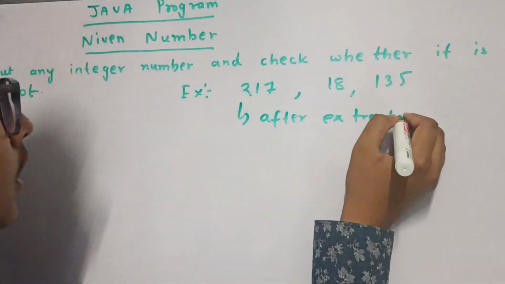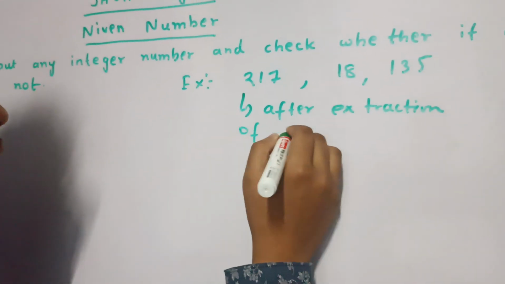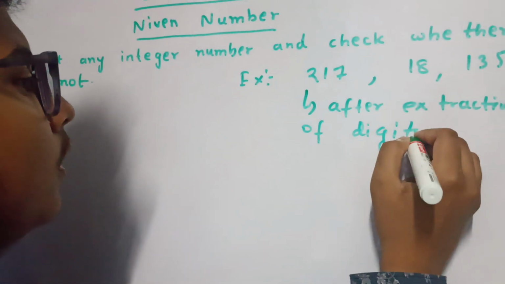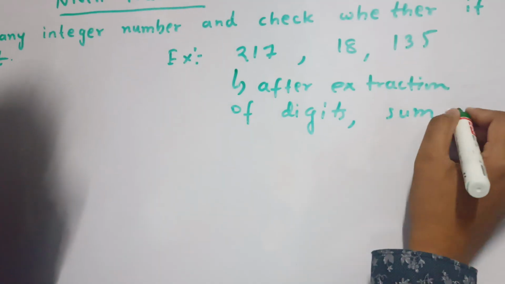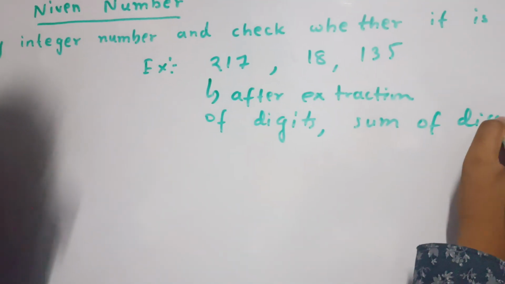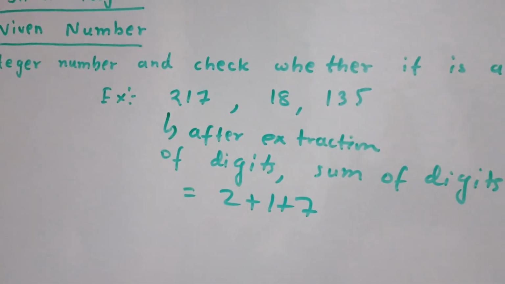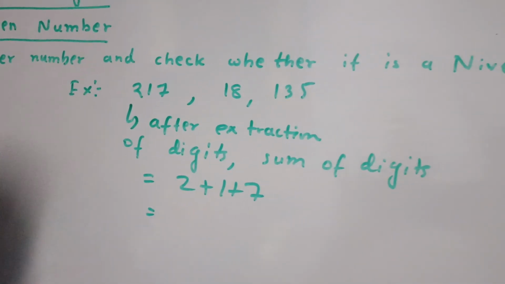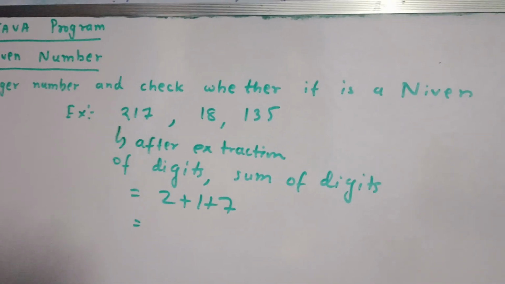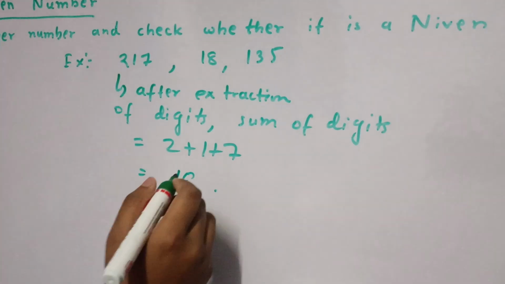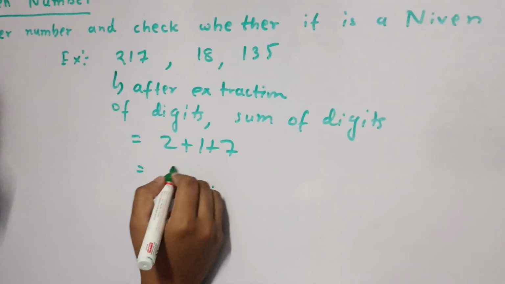After extraction of digits, the sum of the digits is equal to 2 plus 1 plus 7. 2 plus 1 is 3, and 3 plus 7 is 10.